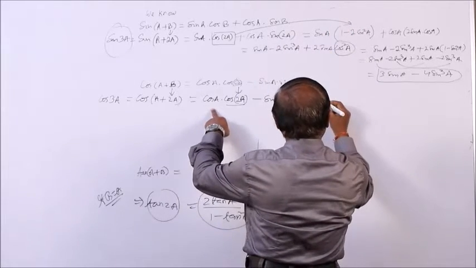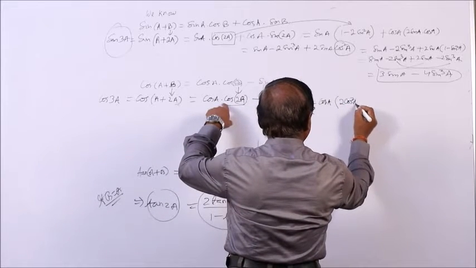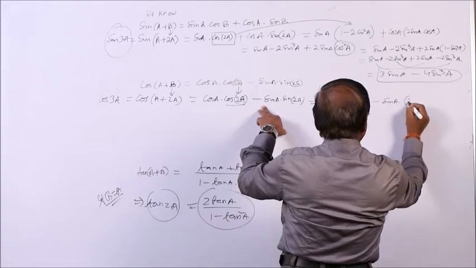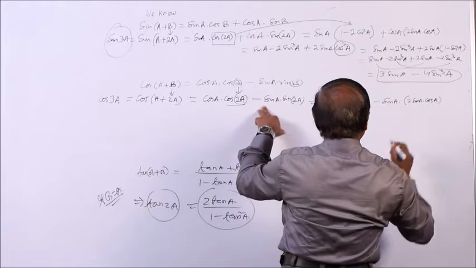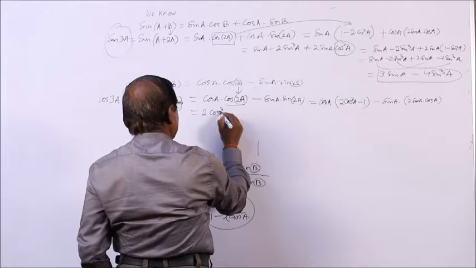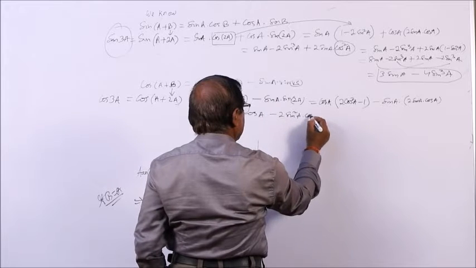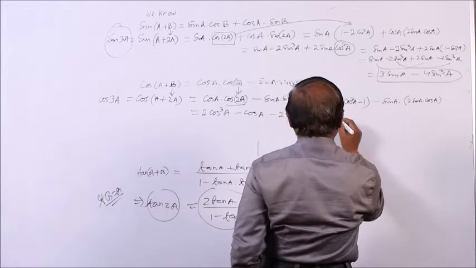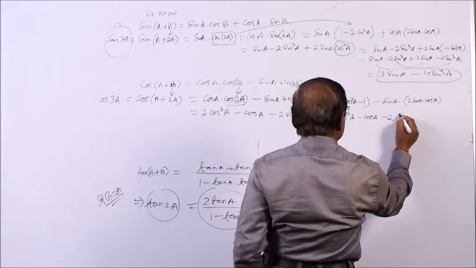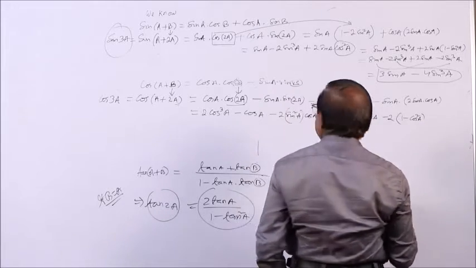You see what I am doing here? This is cos A into cos 2A, that is 2 cos square A minus 1 in terms of cos, and this is minus sin A into 2 sin A into cos A. So, this becomes 2 cos cube A minus cos A minus 2 sin square A into cos A. So, it becomes 2 cos cube A minus cos A minus, I am splitting the sin square A in terms of cos, because I want to derive the formula of cos 3A in terms of cos.